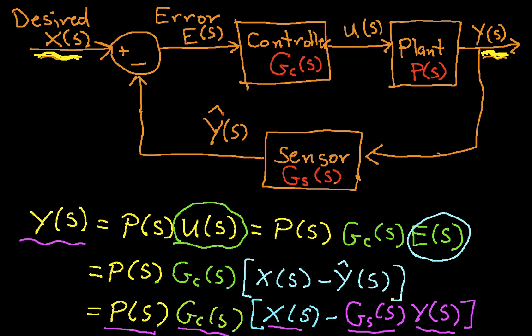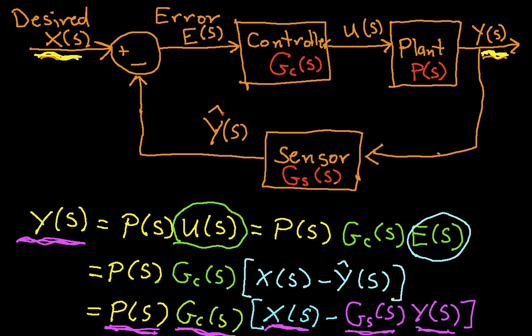We can do that by noticing that we have P of s times Gc of s times Gs of s times Y of s, taking that term and moving it over to the left-hand side of the equation, leaving P of s, Gc of s times X of s on the right-hand side.